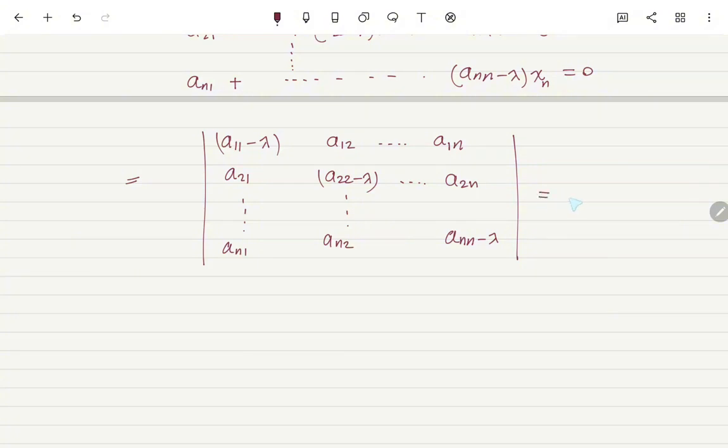The whole determinant here is equal to 0. In a simple form, the determinant of A minus lambda times the unit matrix equals 0. And it's usually called the characteristic or secular equation.